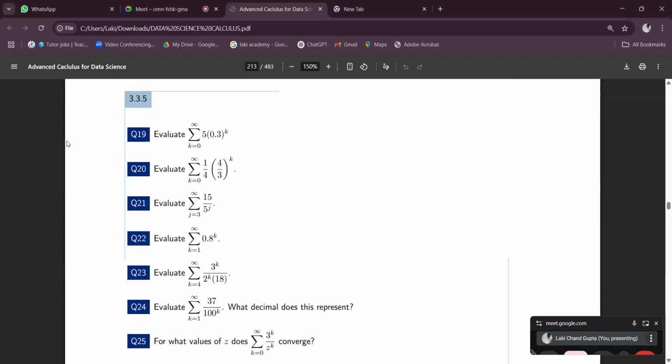You can all evaluate these. I give one answer. When you put k equal to 0, you will get 2.